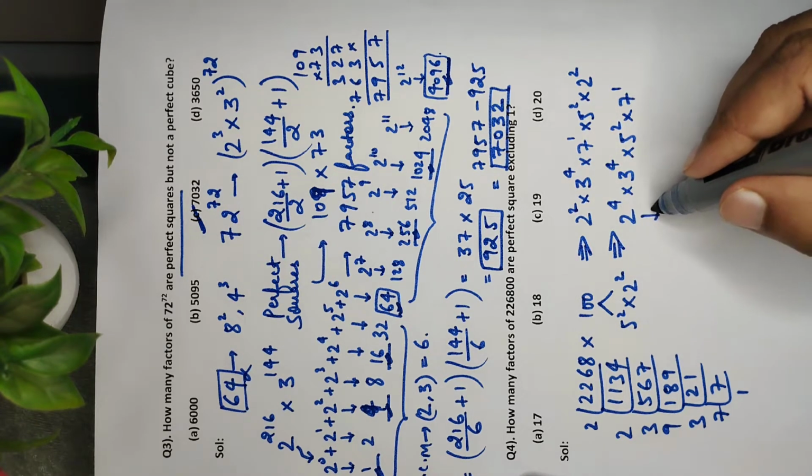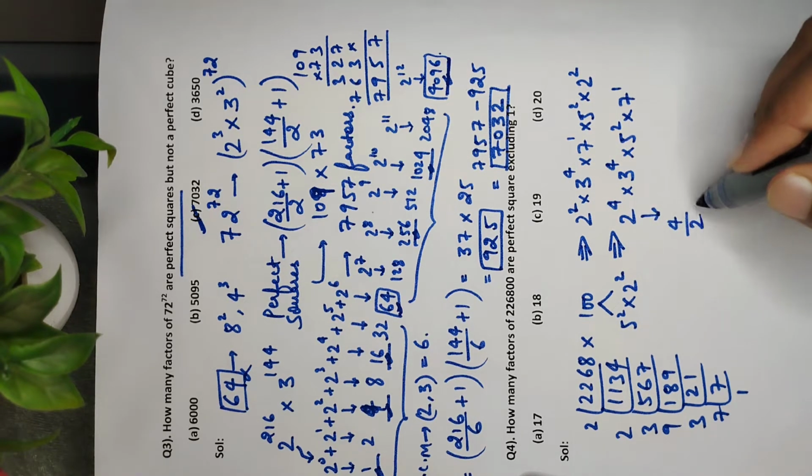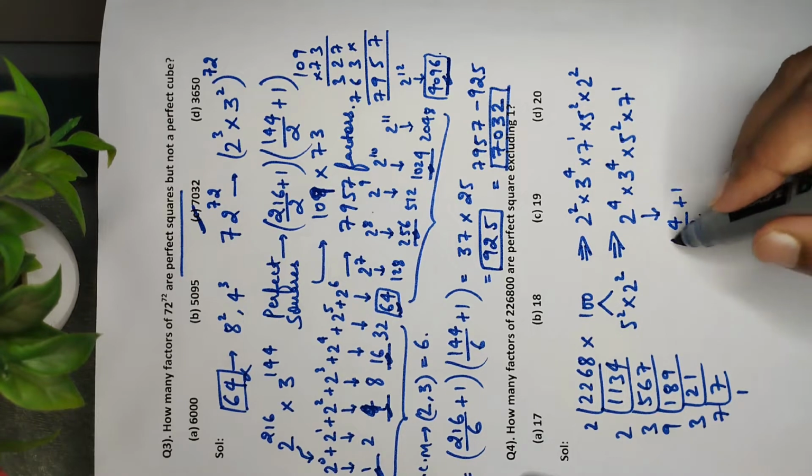Now for finding the perfect squares, what we used to do, we used to divide these powers by 2 and then add 1 in them.